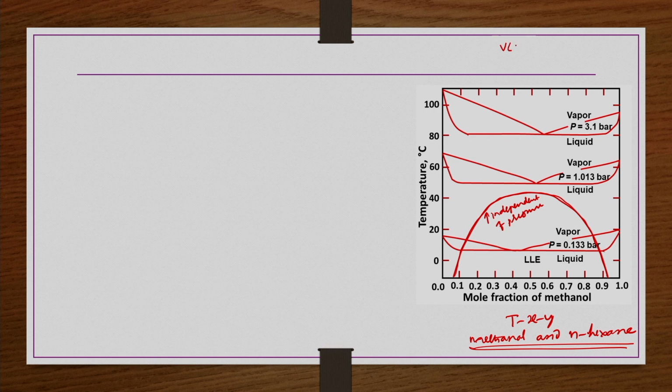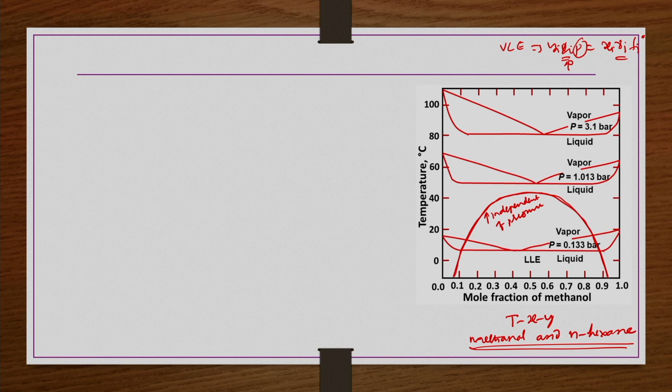This VLE that we have seen: y_i phi_i P equals x_i gamma_i f_i naught. This gamma_i is independent of pressure, but phi_i here is dependent on pressure and composition as well, and again the pressure term is here. So the vapor composition part is not independent of the pressure. That means the VLE phase diagram would be different if you draw it at different pressures.